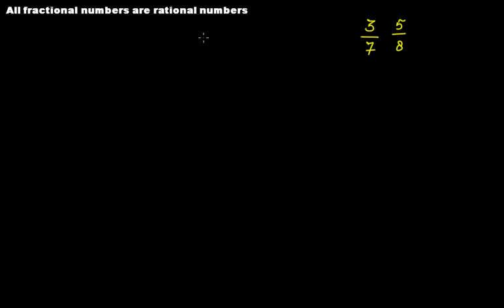It says that it is of the form P over Q, where P can be 0 or any positive integer, and Q cannot be equal to 0 and can be any positive integer, right? So 3 over 7, 5 over 8, 0 over 9.